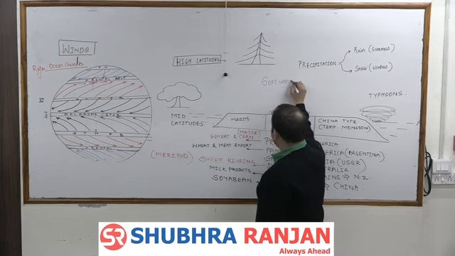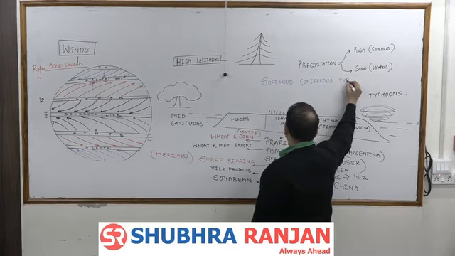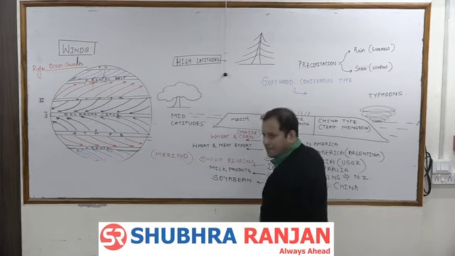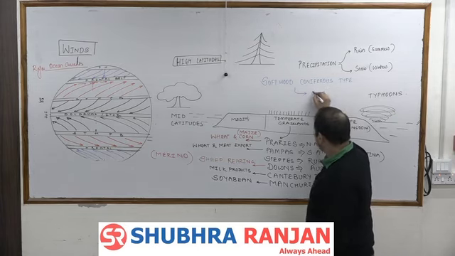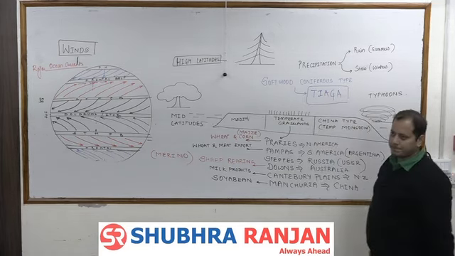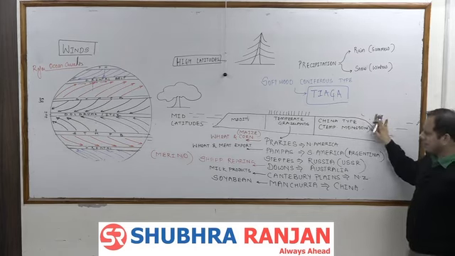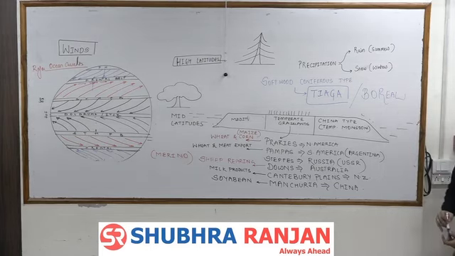Softwood, coniferous type, giving rise to evergreen coniferous biome, also known as taiga or boreal biome.